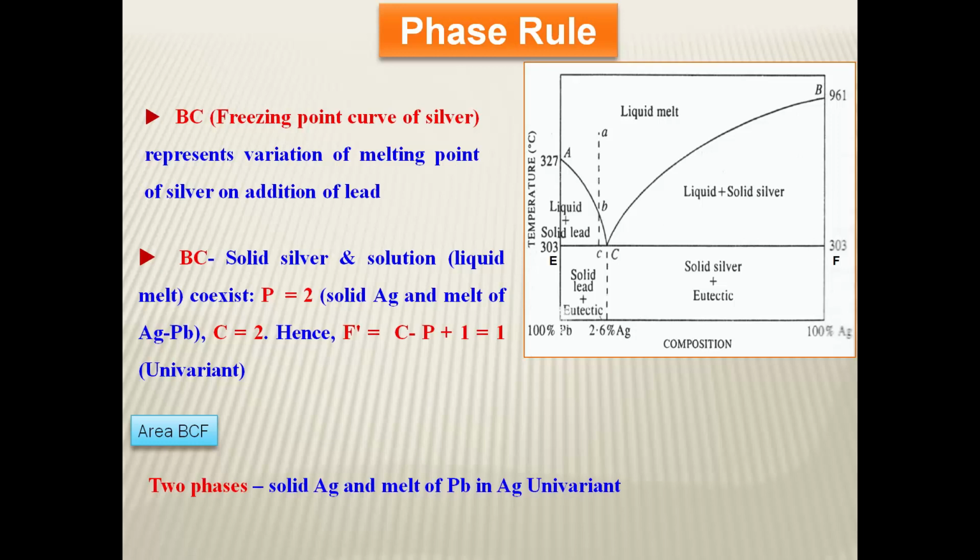So if you can recall the naming of the curves, the significance of the curves, the information conveyed from the curves and areas is exactly the same as we did for the simple eutectic system. And below this we get solid silver plus eutectic, and solid lead plus eutectic.